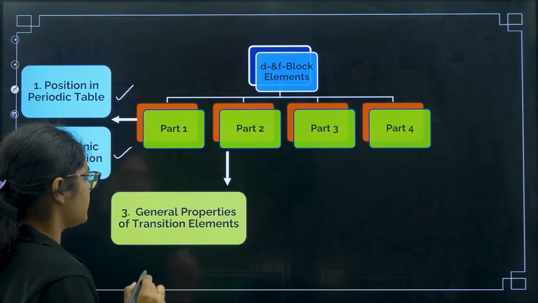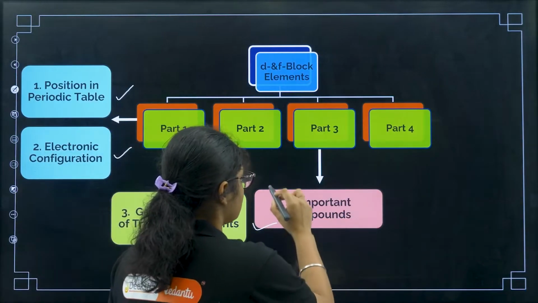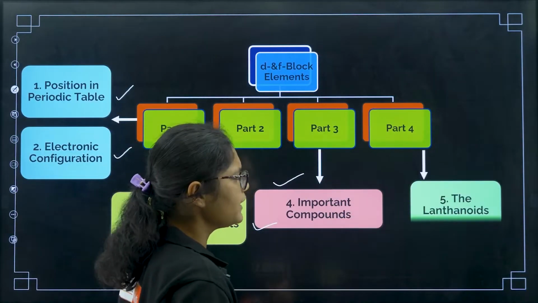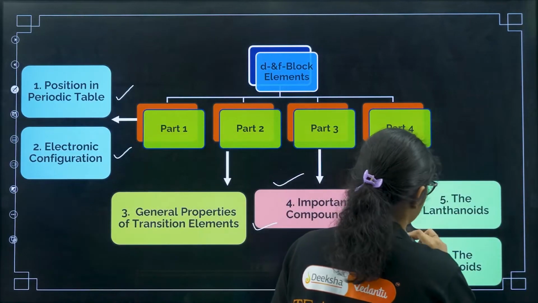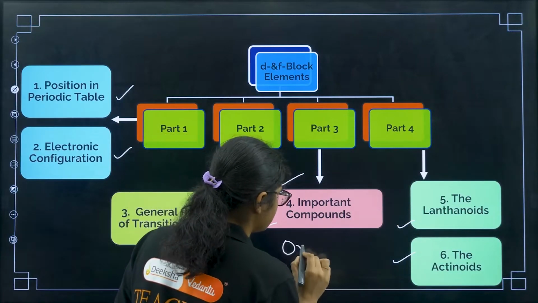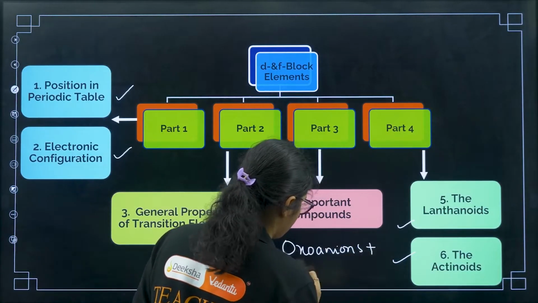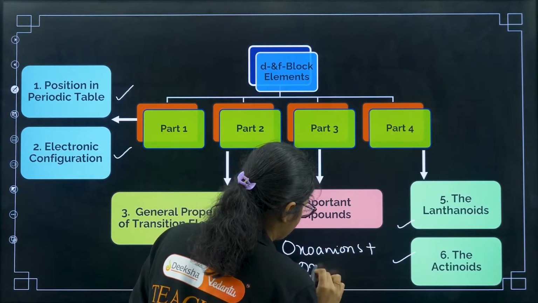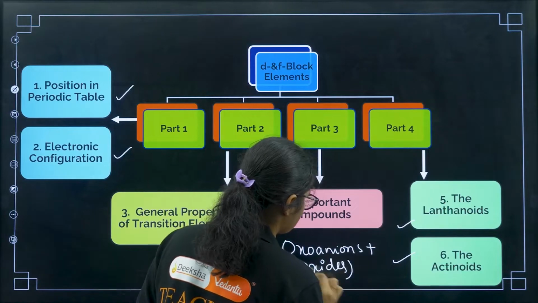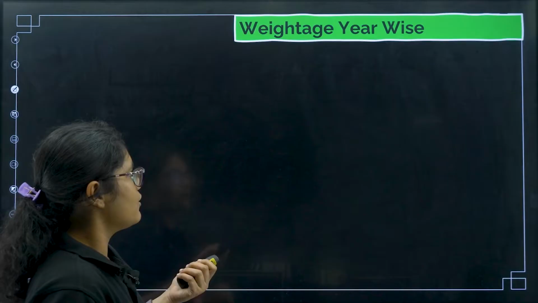In part 2, we are going to cover general properties. In part 3, we are going to cover important compounds. In the last part, we are going to cover lanthanides and actinoids. Another small topic is oxo anions, and we also have oxides, which I have covered under this topic. Now let's get started.